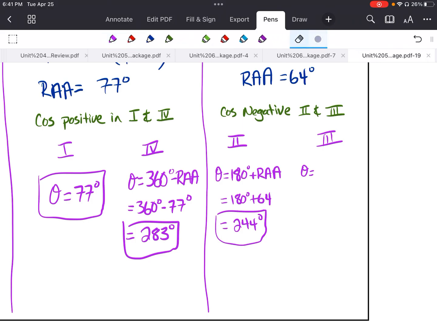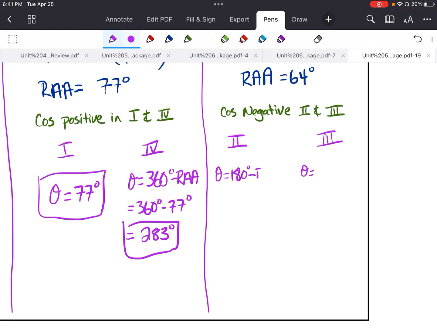That was quadrant 3. Quadrant 2, it's minus RAA. Okay, quadrant 3 is plus RAA.